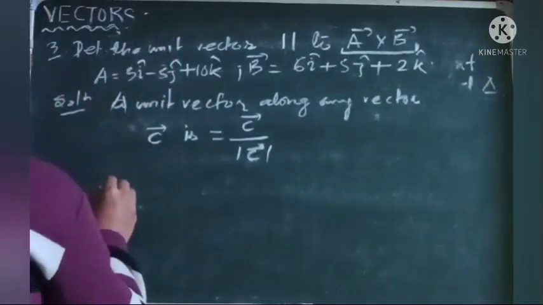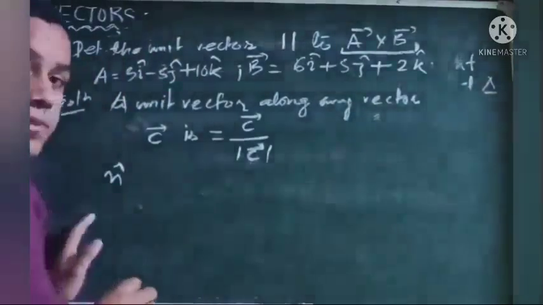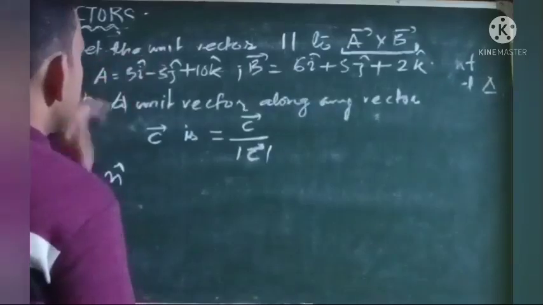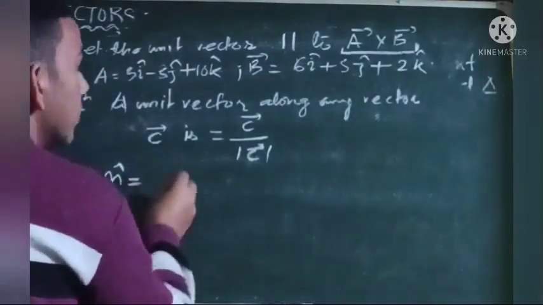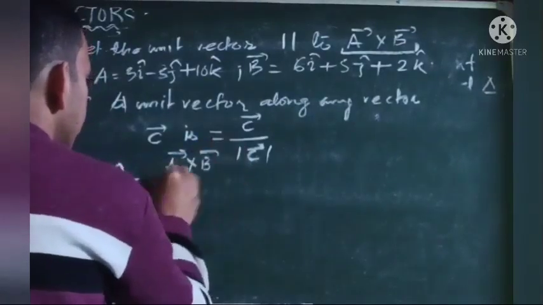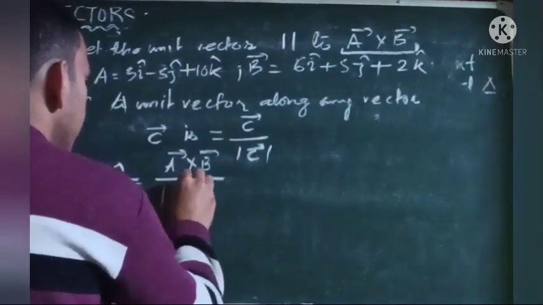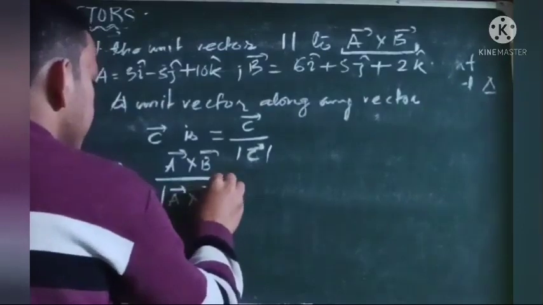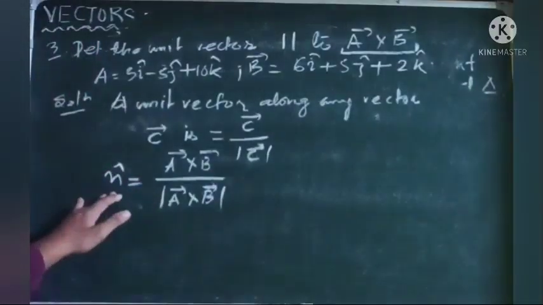Therefore, we are required to find, let the unit vector be n cap. The required unit vector n cap is equal to A cross B divided by magnitude of A cross B. This will be the required answer.